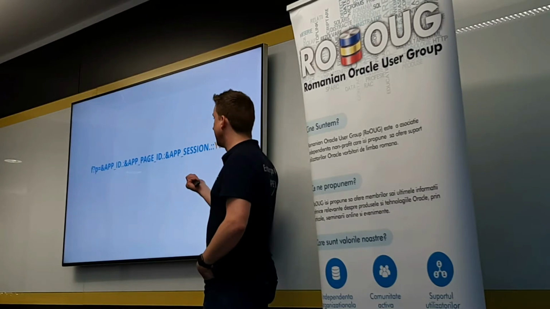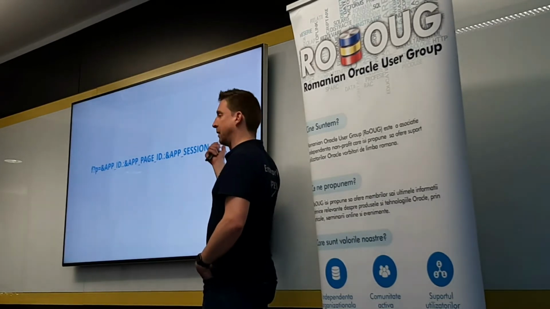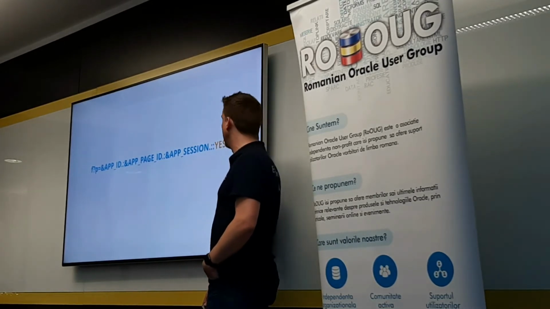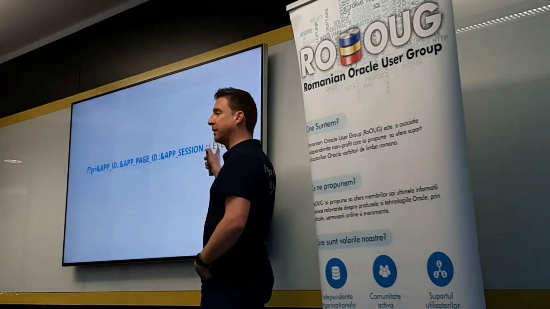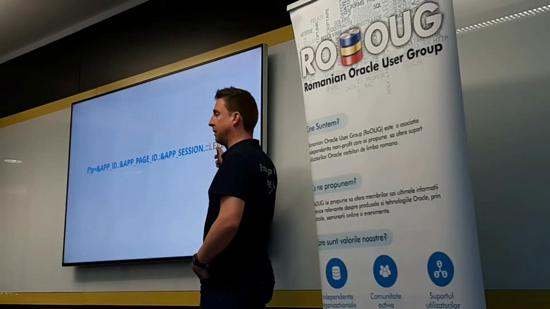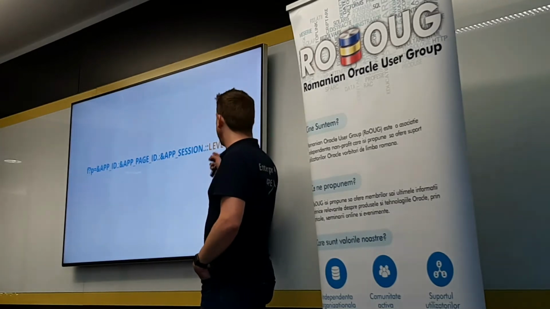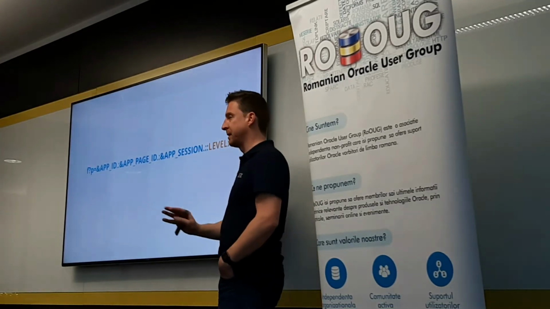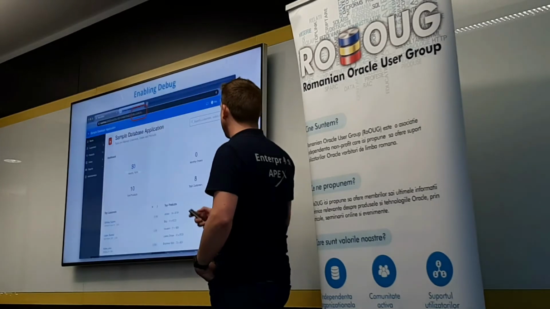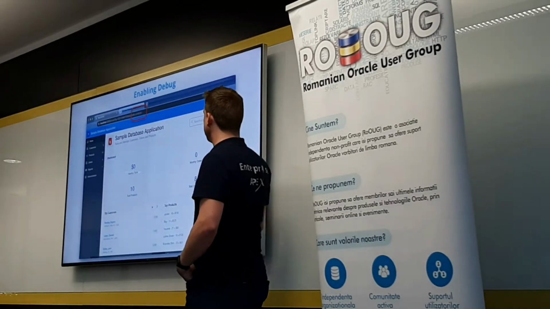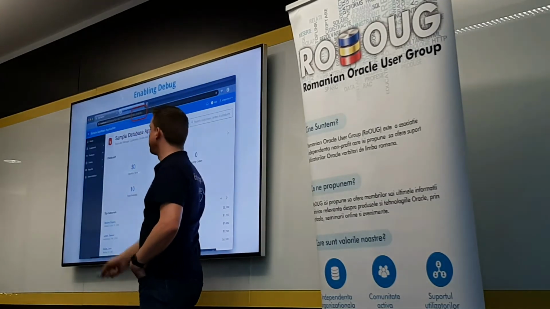So you can activate debug by simply putting yes in the URL, or you control it and say level X. 1 would be just errors, and 9 would be log everything that's there. Yeah, so it looks something like that.